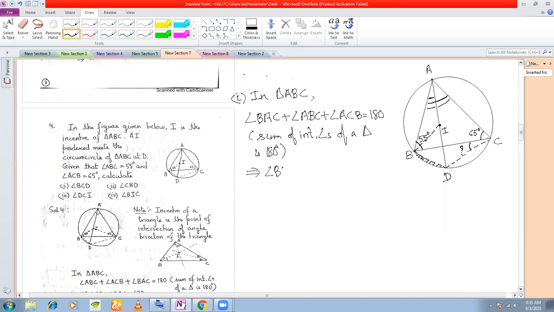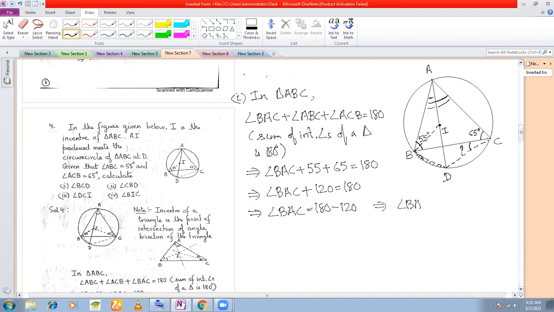Angle BAC we need to find. ABC is 55. ACB is 65. That means angle BAC plus 120 is equal to 180. Means angle BAC is equal to 180 minus 120. That means BAC is equal to 60 degree, right?